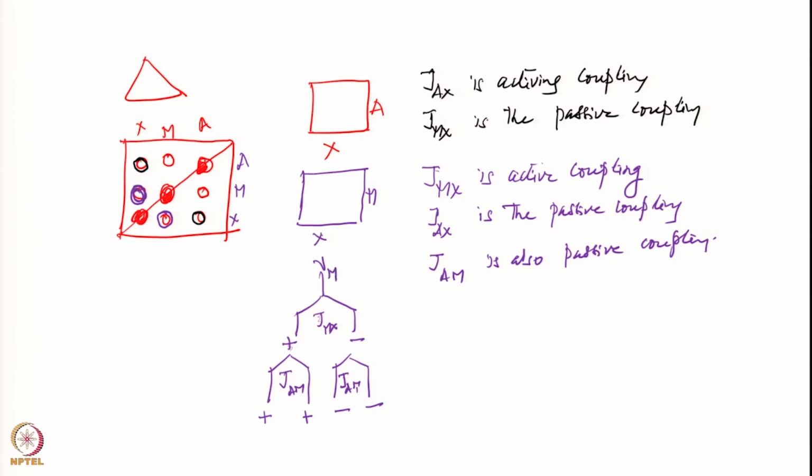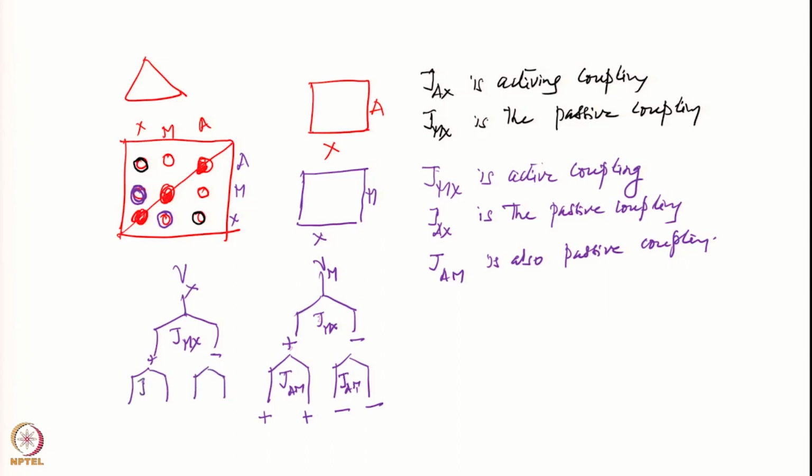Let me draw the same thing for X. Again I will draw here J_MX as plus minus, because this is the active coupling. Now this will have a different coupling here, and what is this one here?